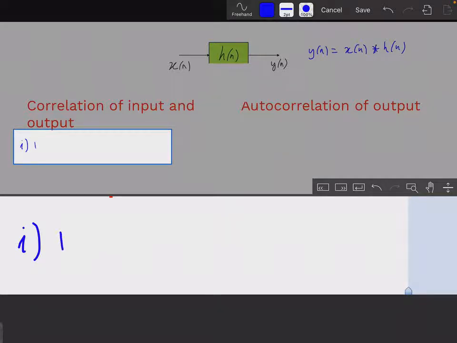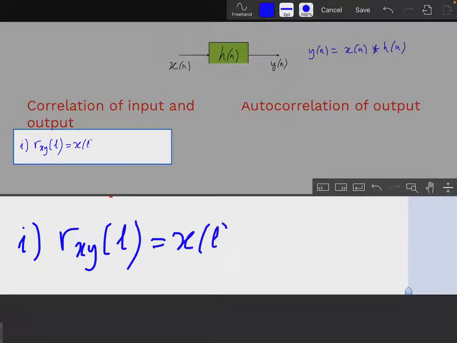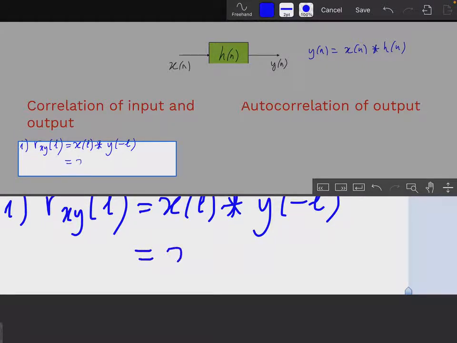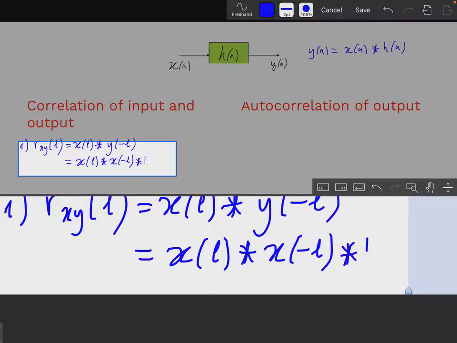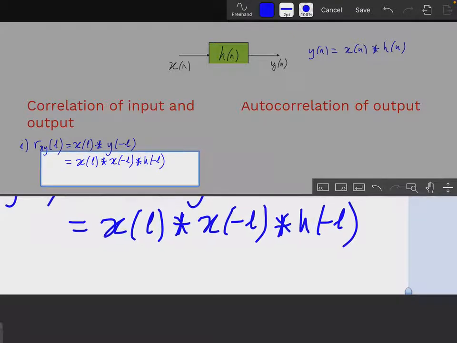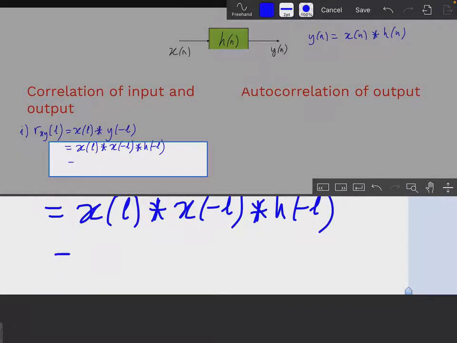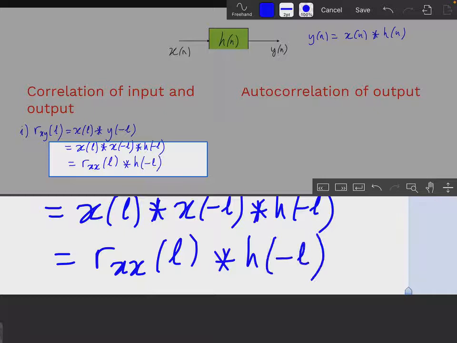So the first one is our XY of L, which is X of L convolved with Y of minus L, which is equal to X of L convolved with X of minus L convolved with H of minus L, which is equal to the autocorrelation of the signal X at a lag L convolved with H at a lag minus L. So yeah, time reversed version of L rather.